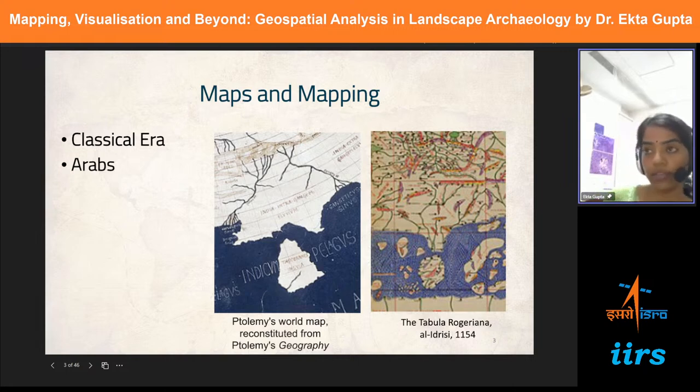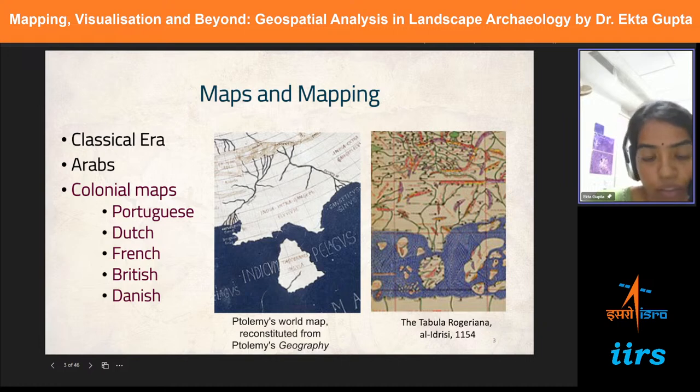And remote sensing gives us confidence in the content of these maps. So that is why we integrate early maps using GIS, and we also use remote sensing data to validate the content and then use it for several purposes, like to investigate, to explore some archaeological sites, to understand landscape, particularly.